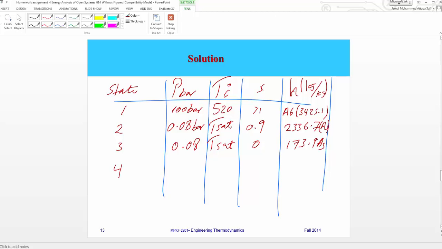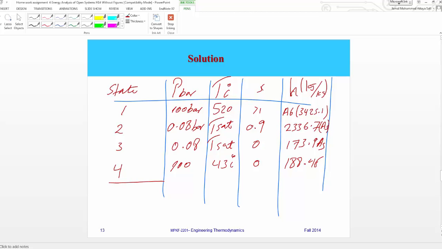And state 4, it's 100 bar again. It's 43 centigrade. x has no meaning because it's a compressed liquid, and you read it from the saturated table as 188.45.